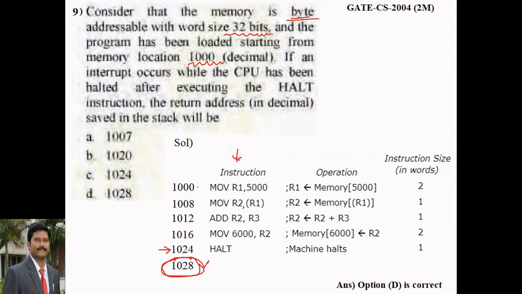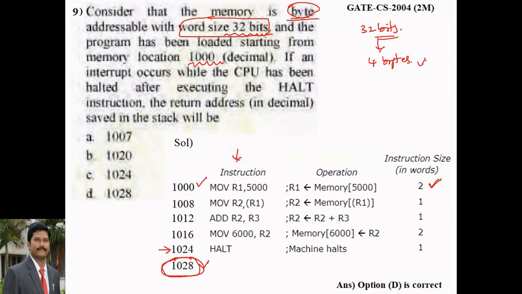The starting address given is 1000, and the instructions take 2 words. Each word is 32 bits, and memory is byte addressable, so 32 bits means 4 bytes: 8 bits, 8 bits, 8 bits, 8 bits.